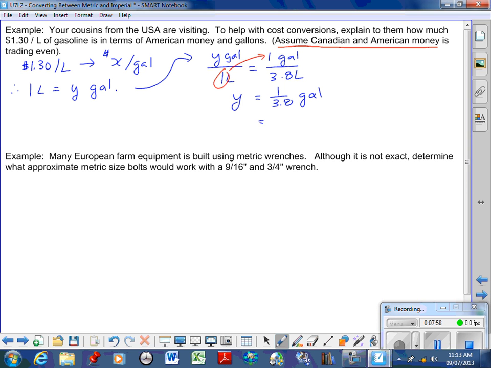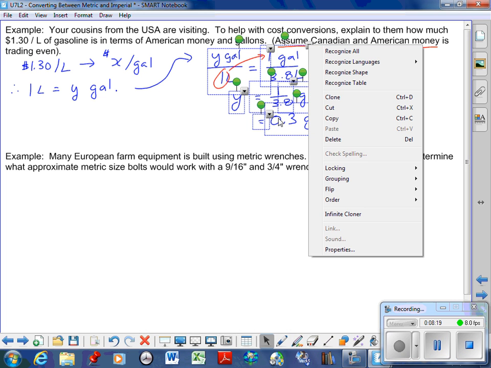Now we don't want it as a fraction. We're going to convert that to a decimal, and it comes out to about, we'll call it, 0.3 gallons. So what does that mean? Well, now my unit rate is going to change. I'm just going to shrink this to make a little bit more room.